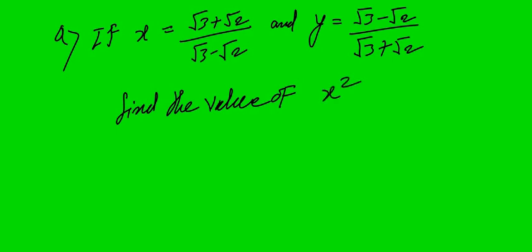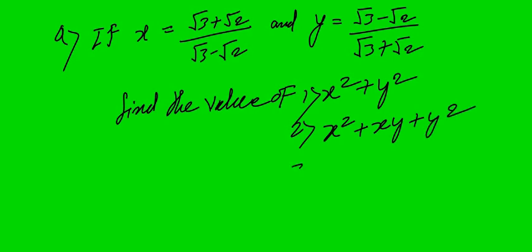So x square plus y square, one question will be like this, or it will be asked x square plus xy plus y square, or x square minus xy plus y square, or x square plus 2xy plus y square, or x square minus 2xy plus y square.